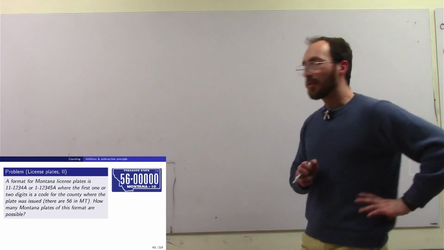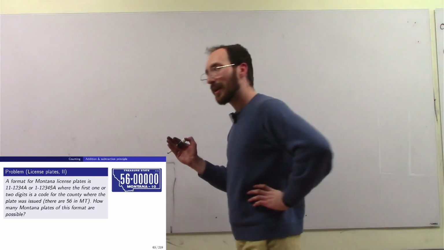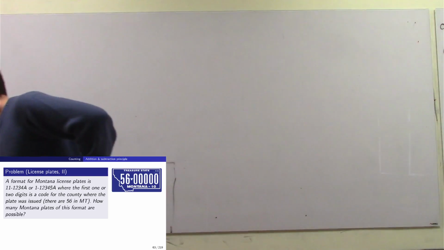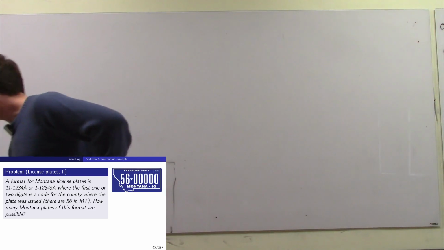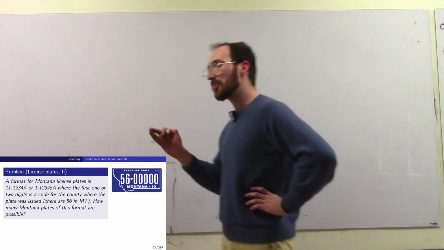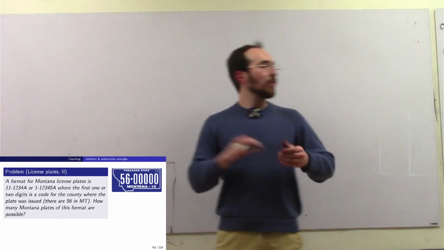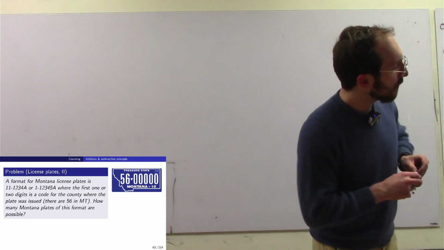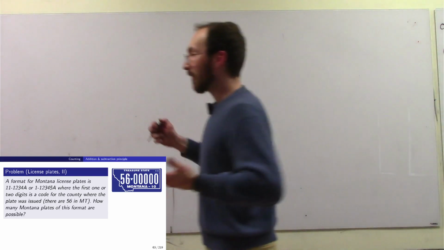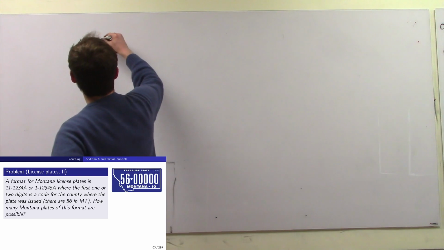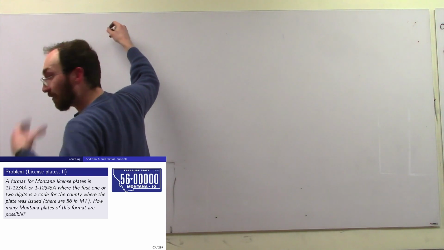I was going to say I couldn't remember if there was a stipulation that the last character had to be a letter. Maybe it does. It doesn't say so in the question, so I'm just going to assume it doesn't matter. But anyway, if you have this 2-digit county code, you're not in the case where you have a 1-digit county code, so we can count them separately and then just add them up.